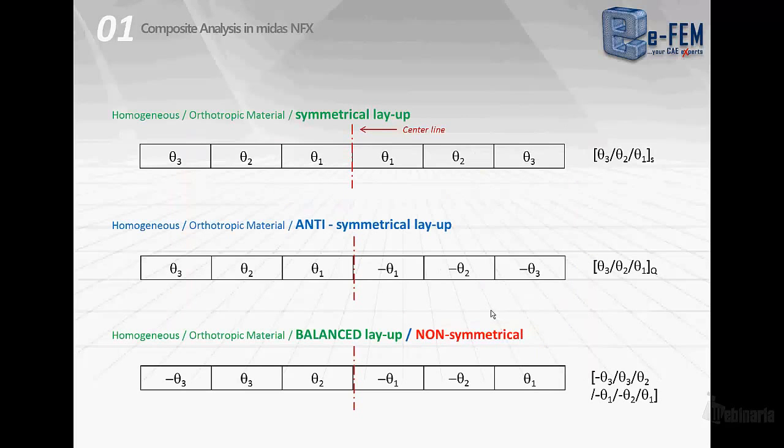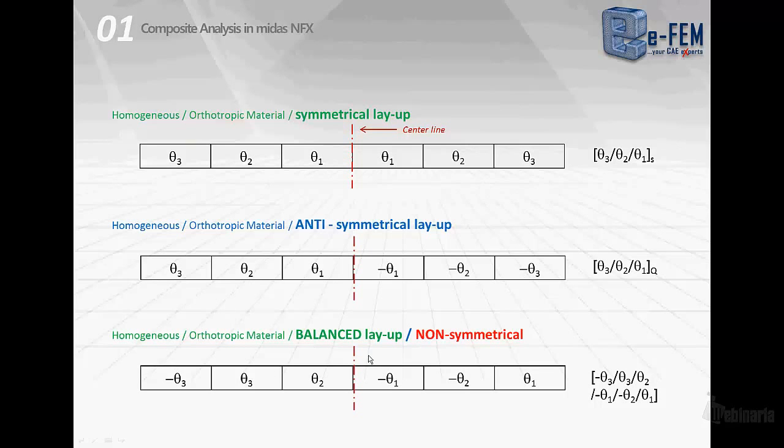We define a symmetrical layup that is made of homogeneous and orthotropic material that are stacked symmetrically with respect to the center line, so the mid-plane of the laminate. We will have the same angles on both sides of the center line. When we have the same angles but negated, we talk about an antisymmetrical layup.